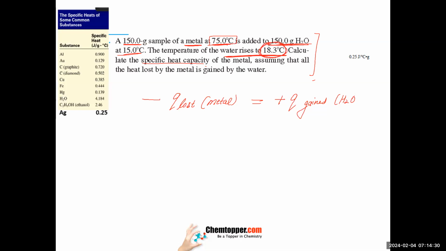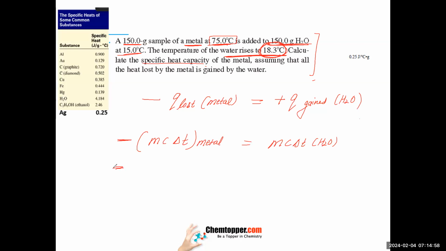So it means we know the final temperature of both of them because they are together, thermal equilibrium. So this is the final temperature for the metal also. Now plug in the equation. mc delta T for metal, mc delta T for water.